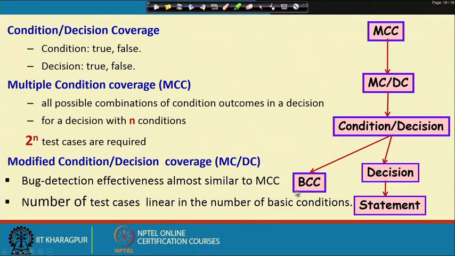If we draw the subsumption hierarchy, we can see here that the MCDC testing requires a small number of test cases.